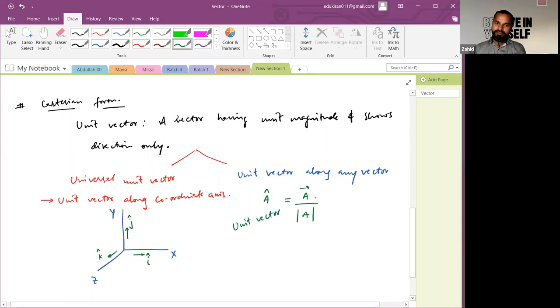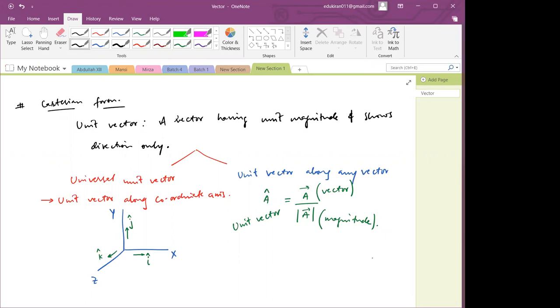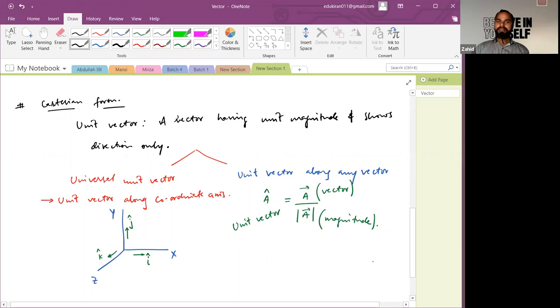A with an arrow notation is termed as a vector, and A with mod over it is termed as the magnitude of that particular vector. Is it clear? Yes, sir. Any doubt till this? Okay, just write it down.